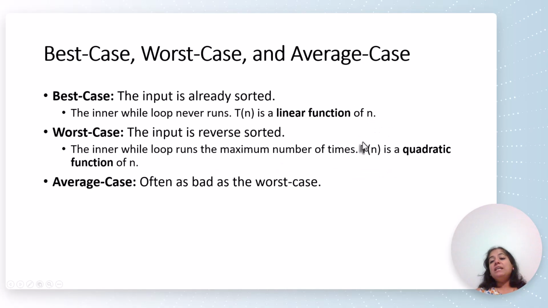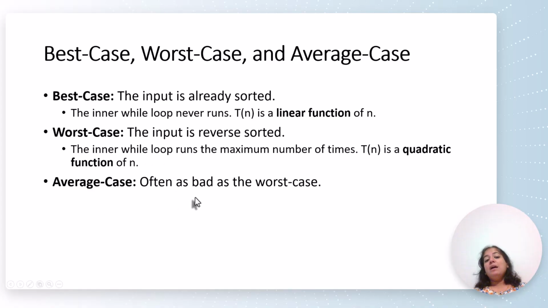Then we discuss the asymptotic notation in 3 ways: best case, worst case, and average case. Best case is, for example in sorting, if your input is already sorted. You need to do the least amount of work, right? Worst case is when your input is reverse sorted, which means you need to do the most work.